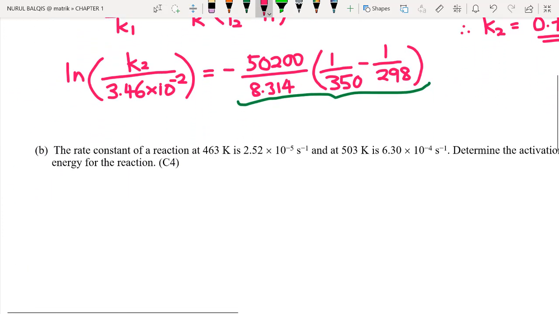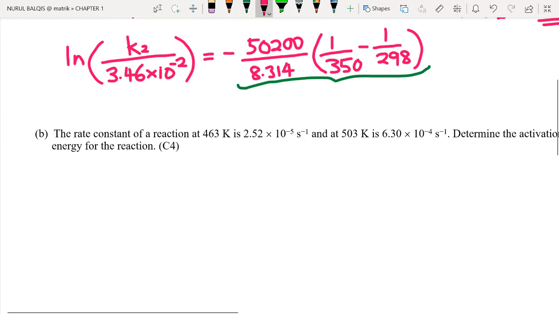The rate constant of a reaction at 463 Kelvin, this is the T1, is 2.52 × 10^-5 per second. So this is going to be our K1. And at 503 Kelvin, the T2, the rate constant is 6.30 × 10^-4 per second.